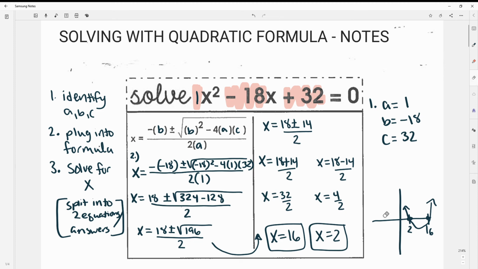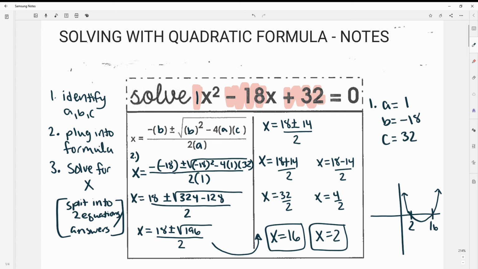That's what it means from a graphical standpoint. That's why I have 2 answers, because I have 2 zeros. Alright, so that is our first example.